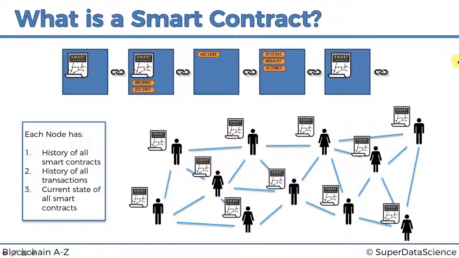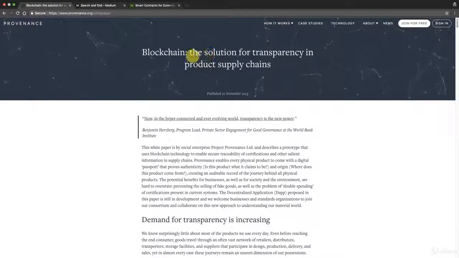And at this point, what I wanted to share with you is an example. Here we've got provenance.org/whitepaper. This is a white paper which explains how they're planning on using blockchain in supply chains to add transparency. The premise is that often we buy products and we don't know where they come from.